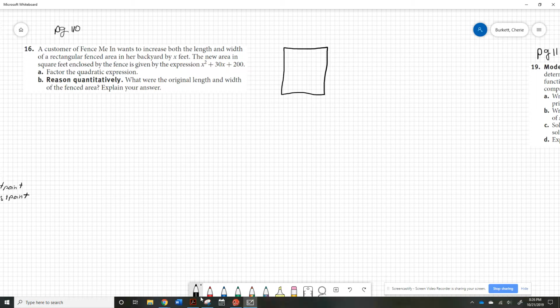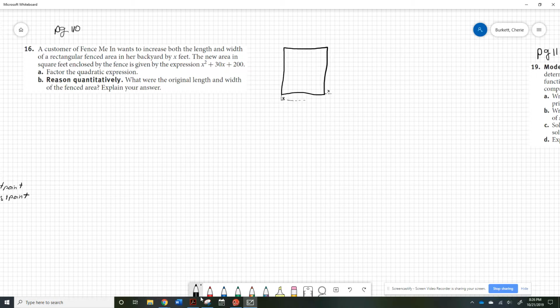Boy, my rectangles are lacking. And they want to make this distance longer by X. Both the length and the width be increased by X. So this number right here needs to be brought down, and then this same measurement right here.